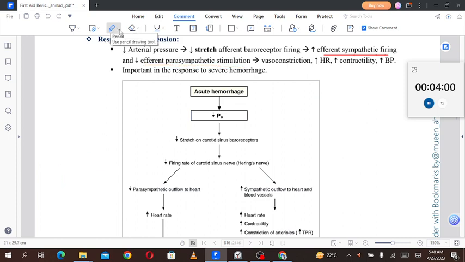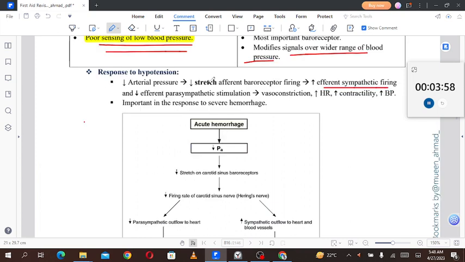There will be decreased arterial pressure. Maybe the person has had some accident, or there is hypovolemia that resulted in hypotension. There will be decreased stretch, so decreased afferent baroreceptor firing, increased efferent sympathetic firing, and decreased efferent parasympathetic stimulation, which results in vasoconstriction, increased heart rate, increased contractility, and increased blood pressure.